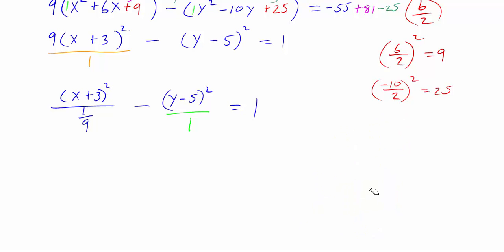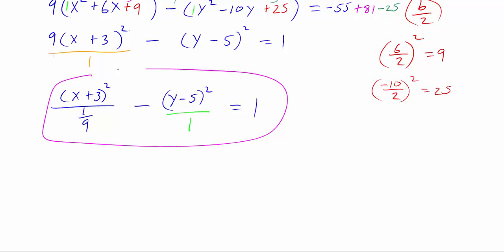So once again, let me review here. If we had x plus 3 squared over 1/9, we could multiply by the reciprocal, which would make it 9 over 1 to move it to the top. But what we did is we wanted to get the 9 from the numerator, so we divided by the reciprocal, which would make it 1 over 9. So here we actually have the standard form of our equation.